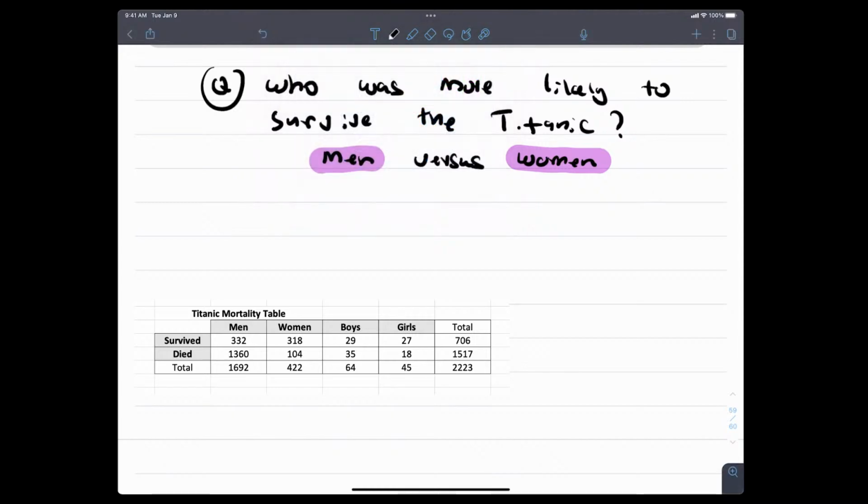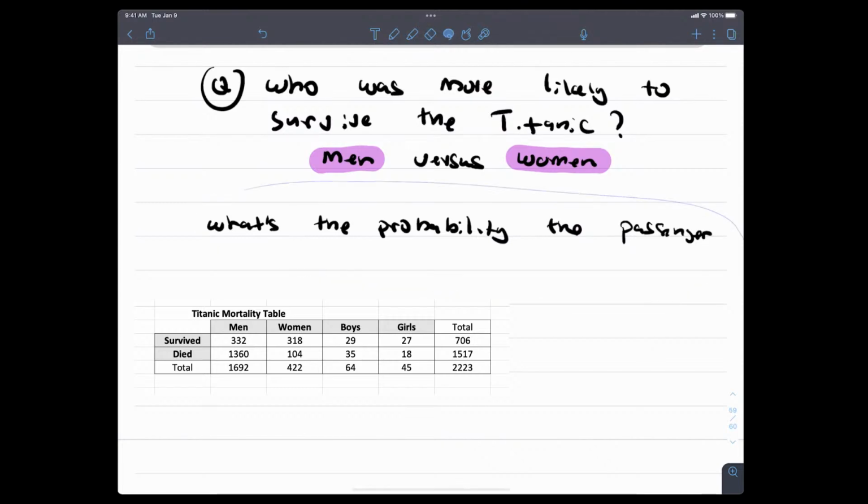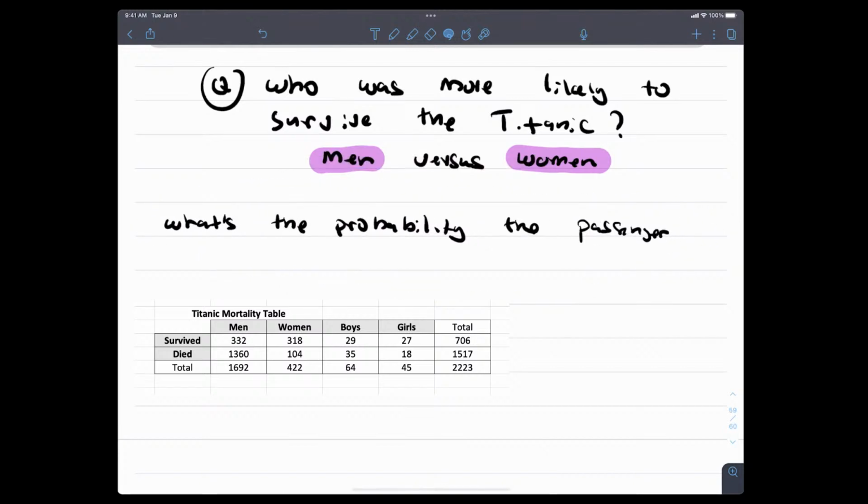Like, for example, you select a passenger on the Titanic, they're going to want to know, what's the probability the passenger, Question 1.